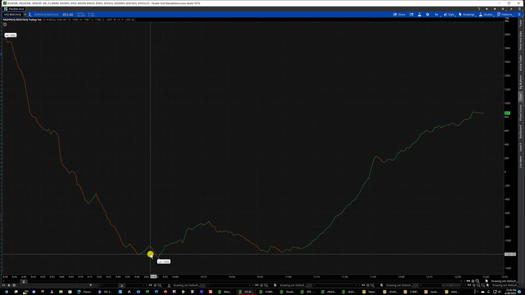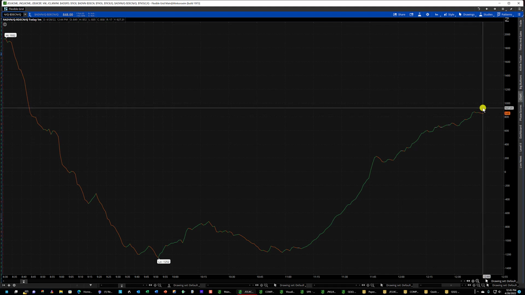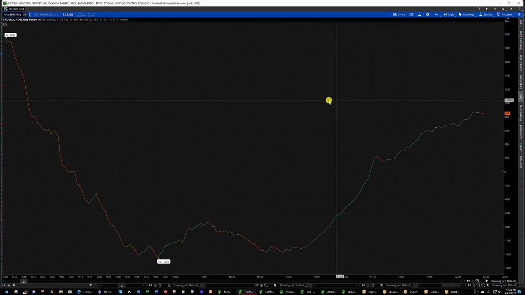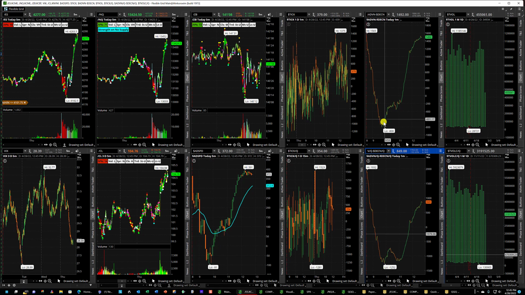It was minus 1252, had a little rally, came back down, looked like it was going to fail again, and now where we are, we're at 848. So a reversal from minus 1252 to 848, and like I said, this could collapse again before the day's over, but we're seeing a lot of strength.